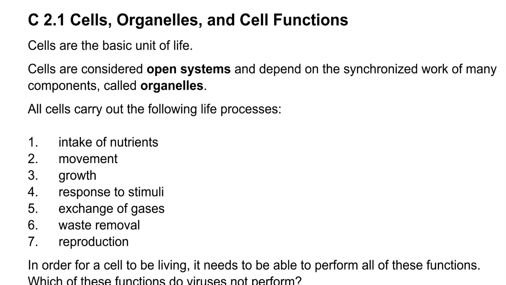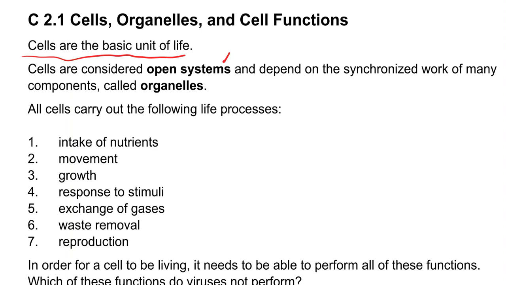So we already know, this should be kind of common knowledge by now, that cells are the basic unit of life. They're the building block of life. All living things are made up of one or more cells. Now, cells are considered to be open systems.